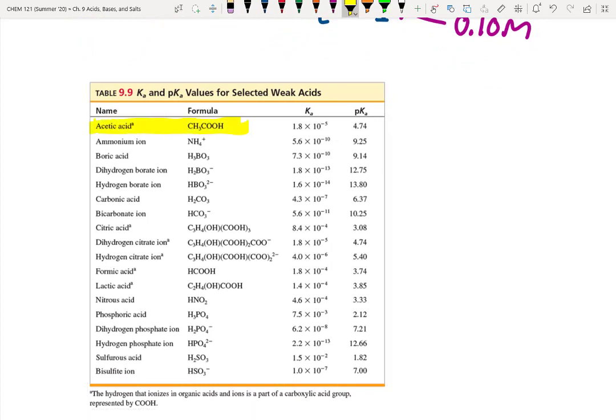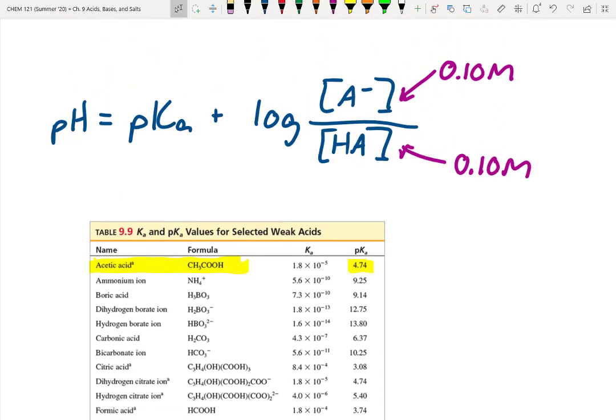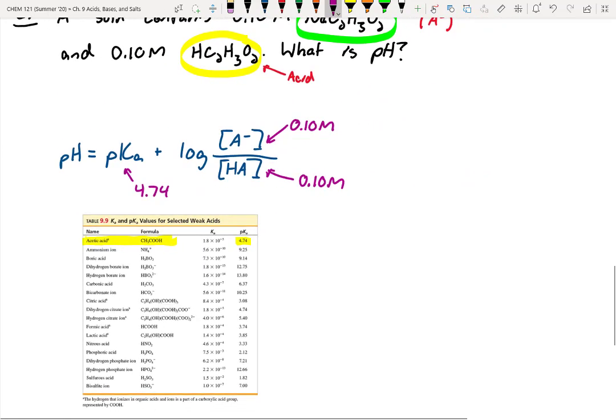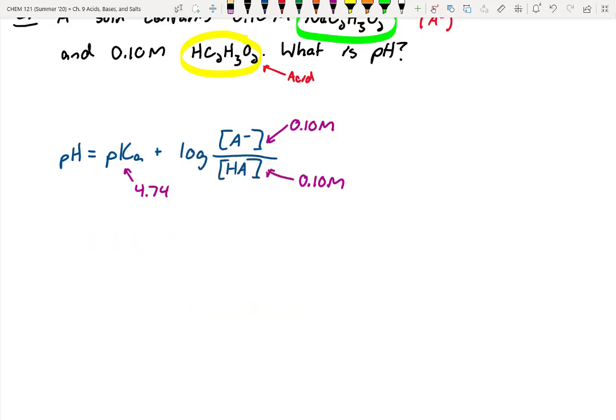It's this compound right here, and it's got a pKa of 4.74. If you check the molecular formula, same number of carbons, oxygens, and hydrogens, right? So this would be 4.74. All right, so now I've got everything I need to deal with this math problem.